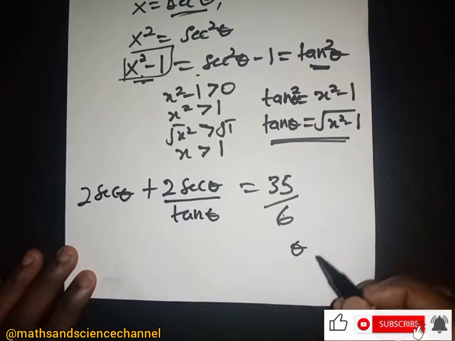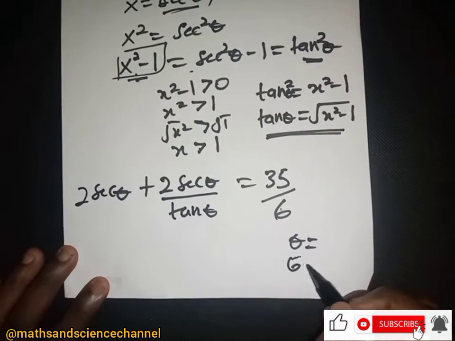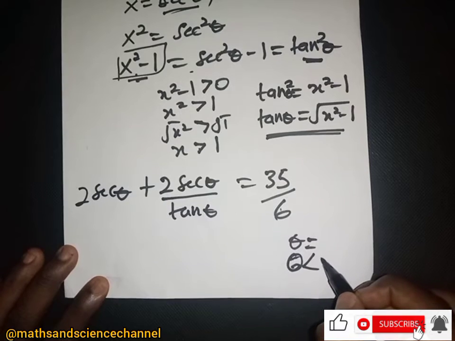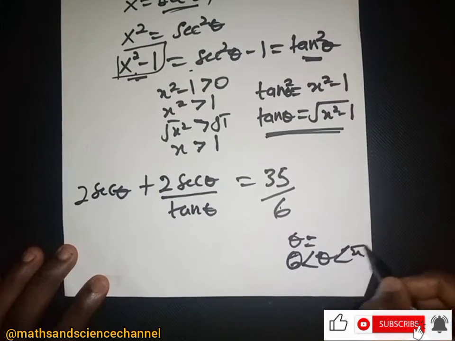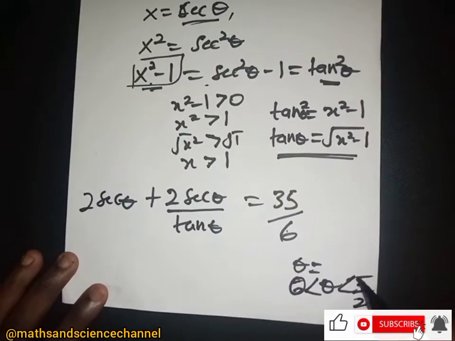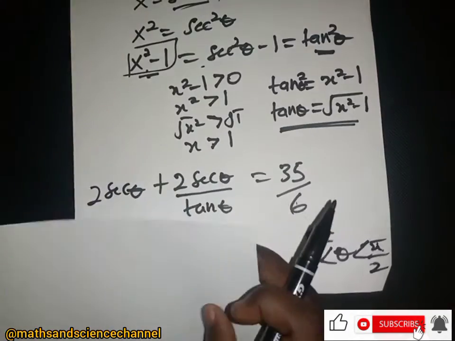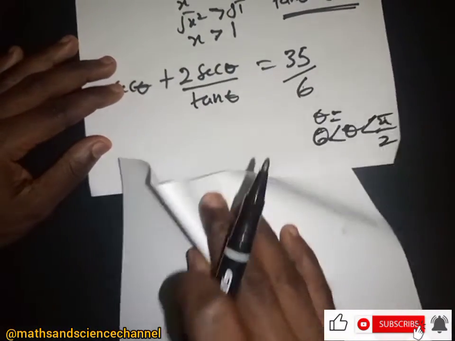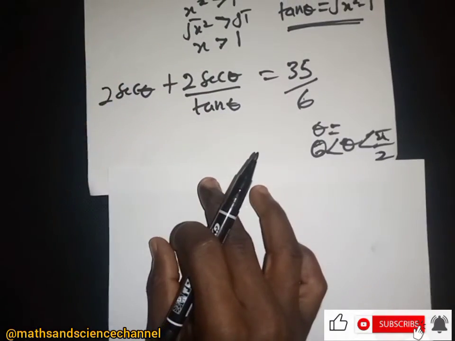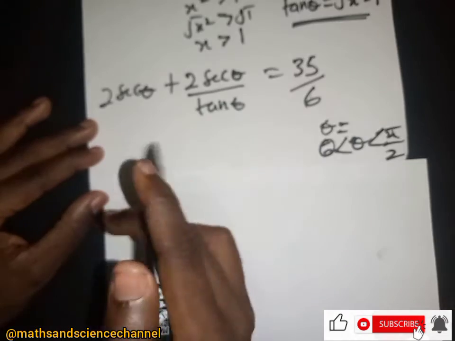Theta should take values in the range 0 less than theta less than pi over 2. So these are the values of theta. Now let's further simplify this.